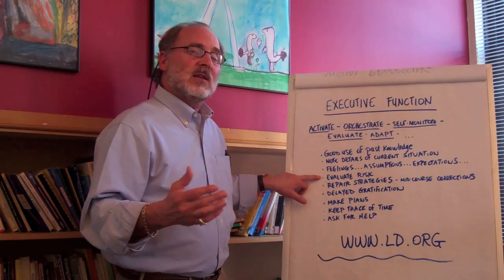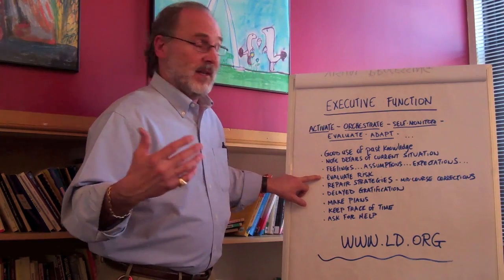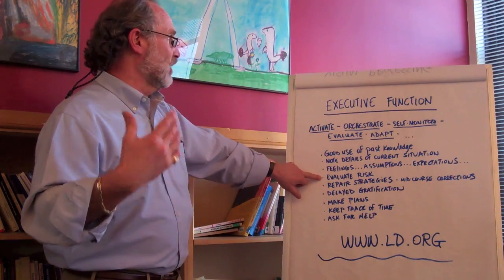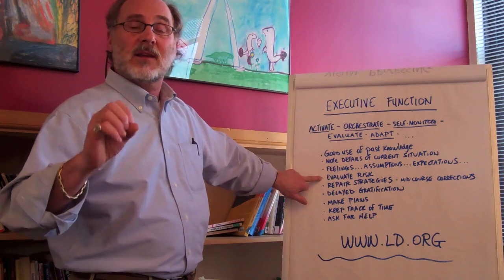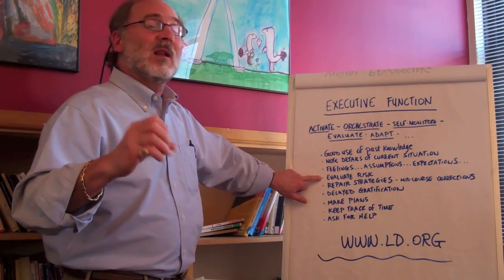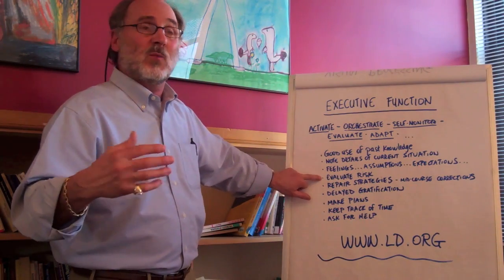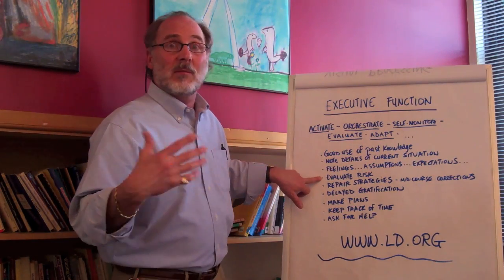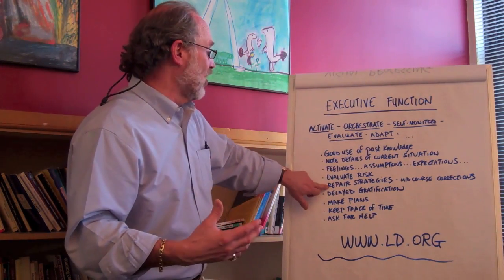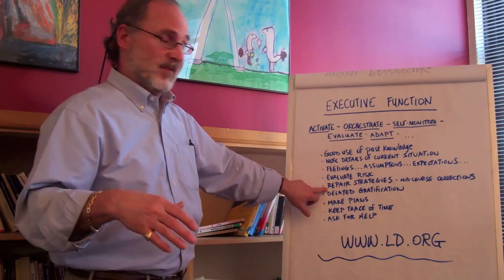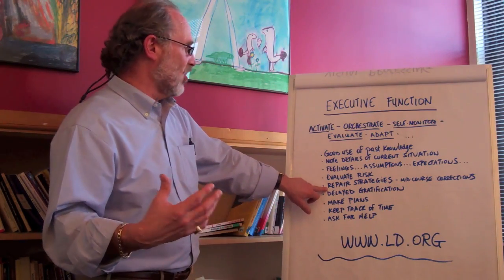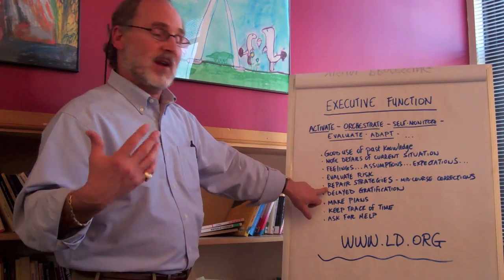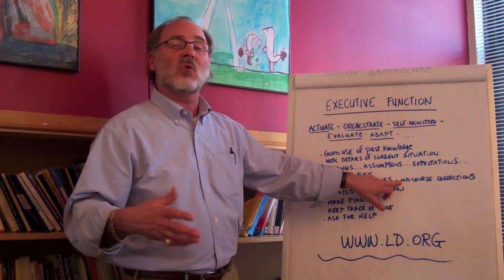Students with learning disabilities should also think, and we all need to think, about evaluating the risk when we engage in a particular activity. So, for example, will I have an opportunity to self-correct? Will I be able to do it again? If what I've chosen to do doesn't work, what are my options? Along the way, individuals using executive functions also have to be familiar with repair strategies, ways to make mid-course corrections.